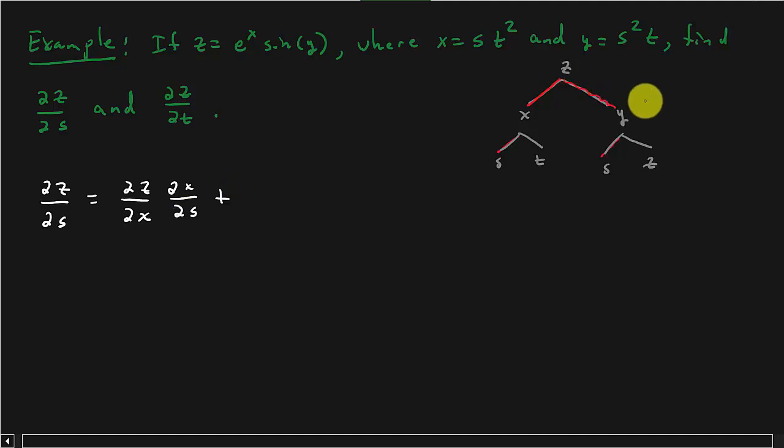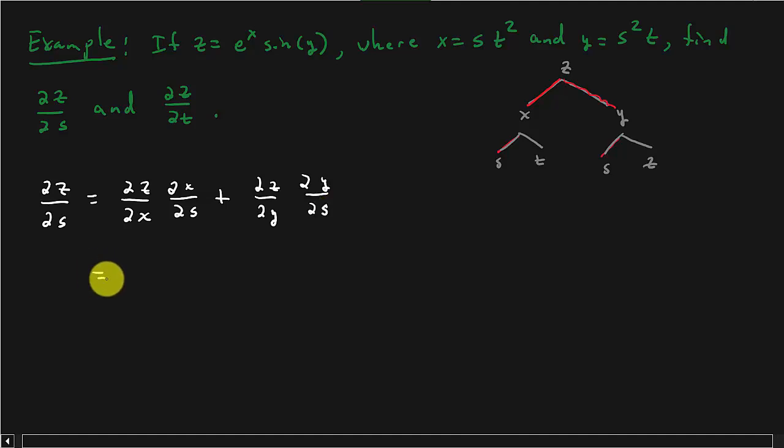And then plus, now we've got to do this one to get to the s. That's the partial of z with respect to y times the partial of y with respect to s. That's not too bad, is it?